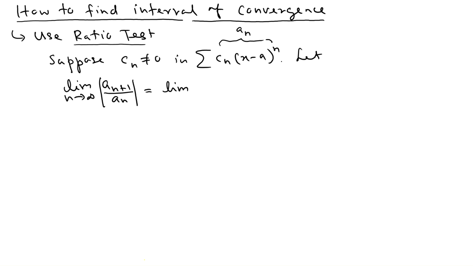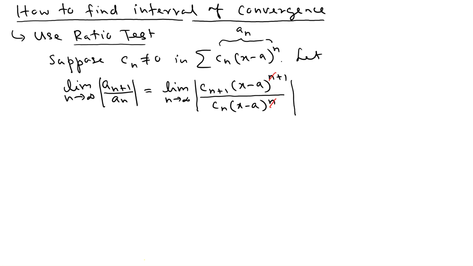If you substitute, you get the absolute value of Cn plus 1 (x minus a)^(n plus 1) over Cn (x minus a)^n. Now you can simplify this a little bit.